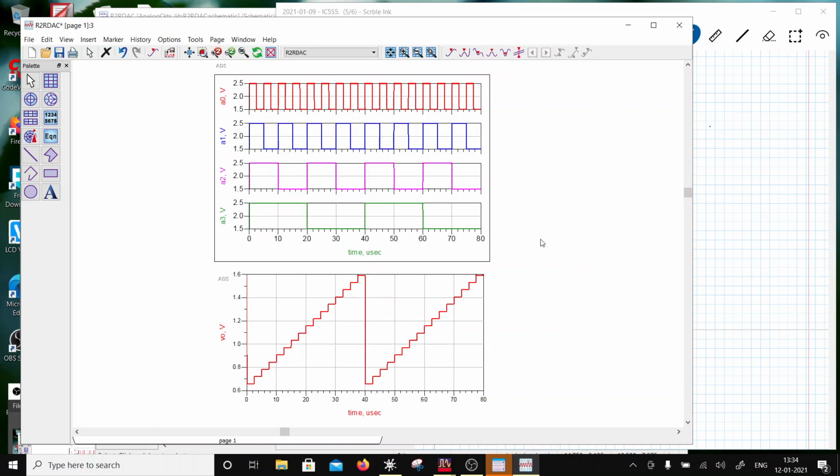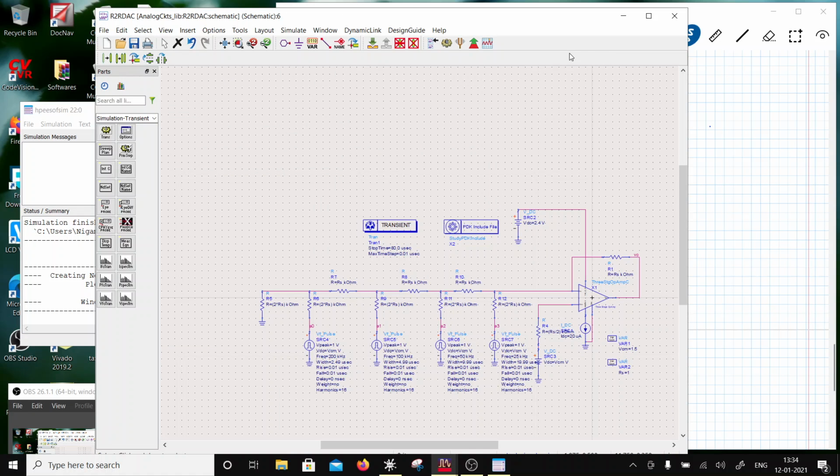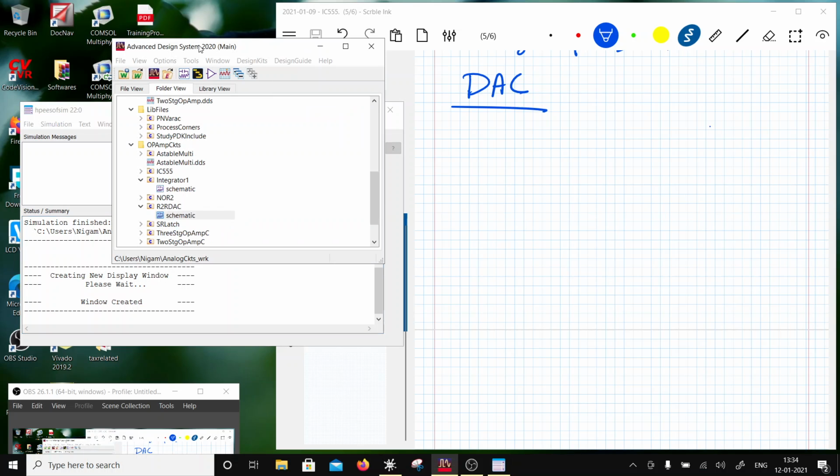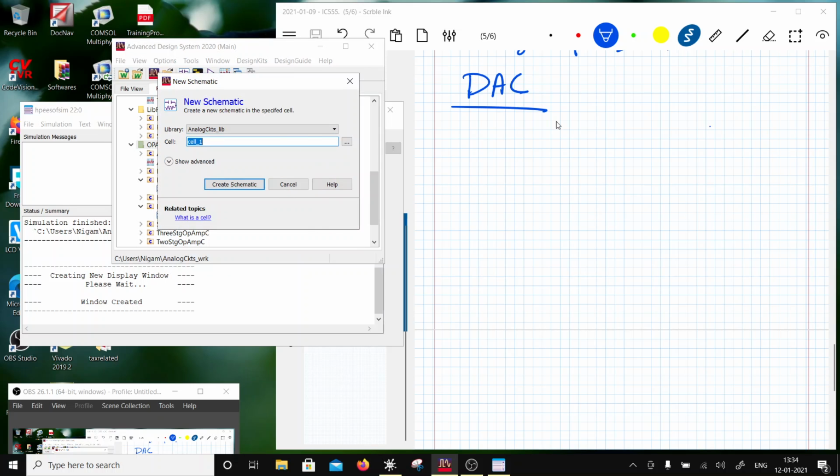Okay, so one more application of this is going to be a Colpitts Oscillator. So I'm going to put together a Colpitts Oscillator, correct? So I'm going to go here, OpAmp circuits. I'm going to say new schematic, and I'll call this COLPITTSOSC, Colpitts Oscillator.